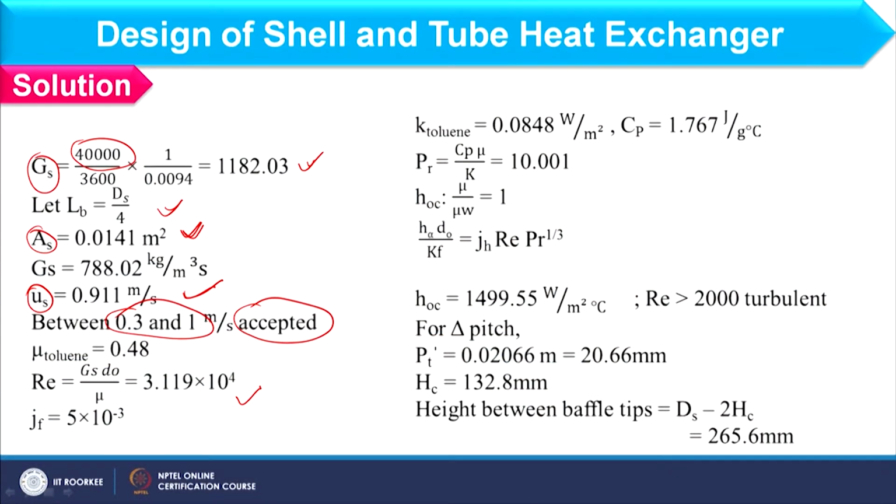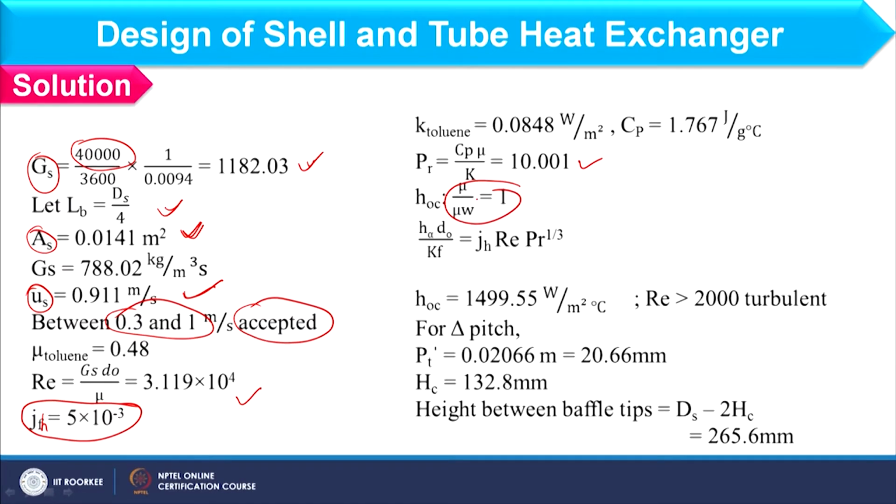Once you have the viscosity of toluene, you can find out Reynolds number, which is coming out as 3.119 into 10 to the power 4, and corresponding to this we can find out JH factor. Depending upon the Reynolds number, we can find JH, and further we can find out Prandtl number. It comes as 10.001, and we can ignore viscosity correction factor.